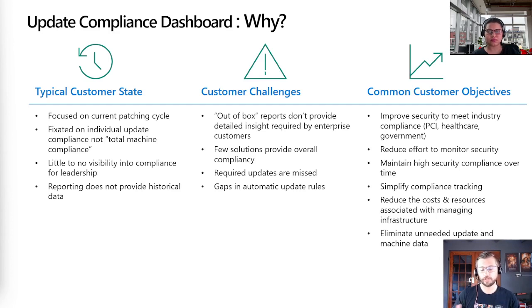Also, a lot of customers' leadership teams are telling us, listen, we don't really have the view that our admins have, and it's difficult for them to take a look at that type of information and extract the right reports. There's also a lot of confusion sometimes between what updates are actually deployed and why or why not an update may have been excluded previously.